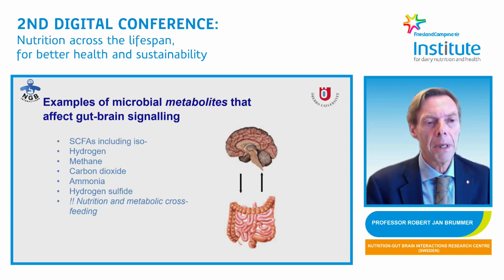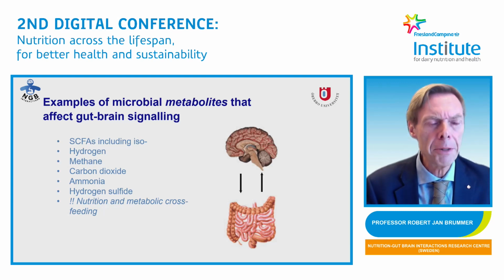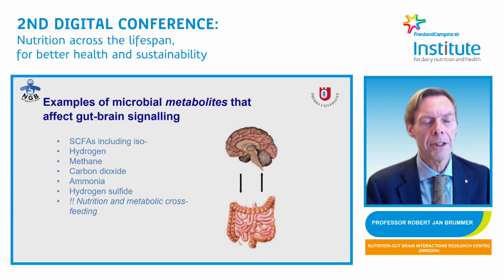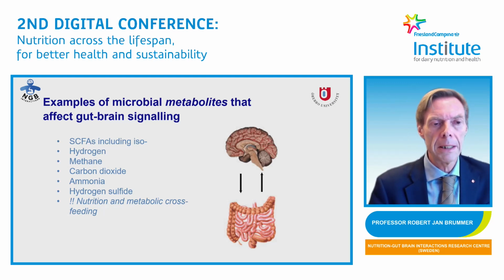They are metabolites by carbohydrate fermentation by the microbes. And one of the most important of these is butyrate, others are acetate, propionate, and so on. And especially butyrate has been subject to a lot of research and has been shown to have a beneficial effect, not only on the gut itself, but also on the metabolic system, as well as also on mental health.